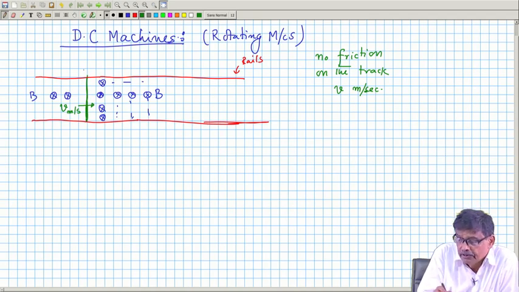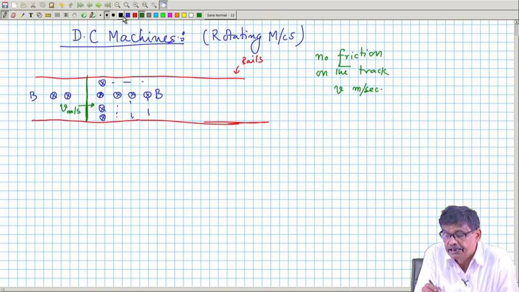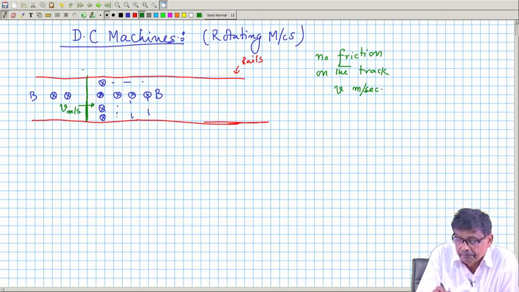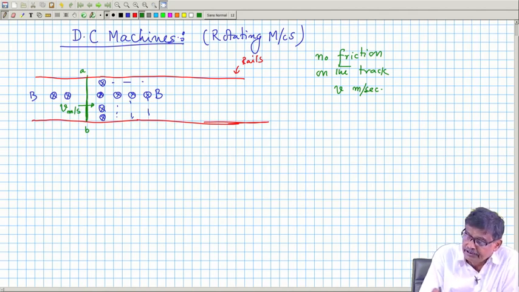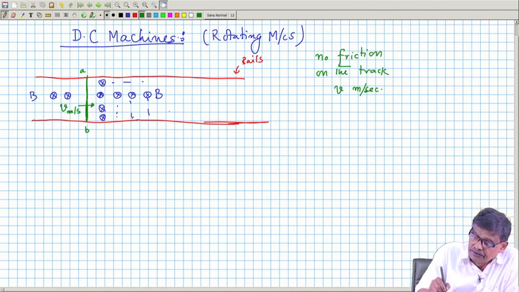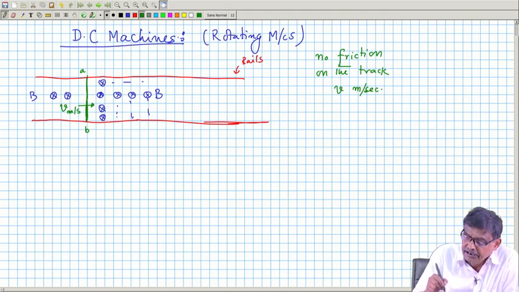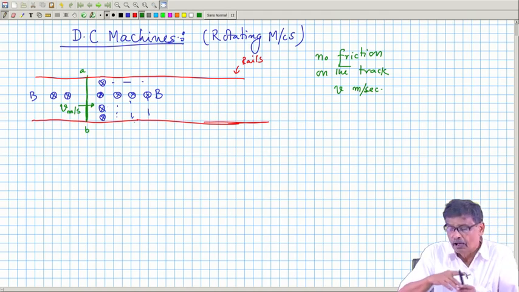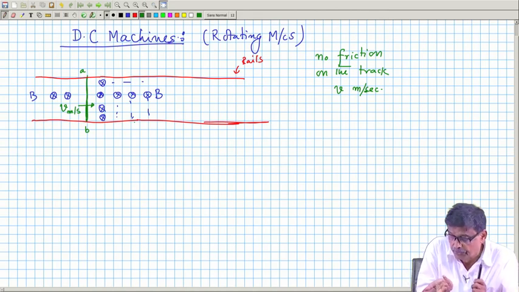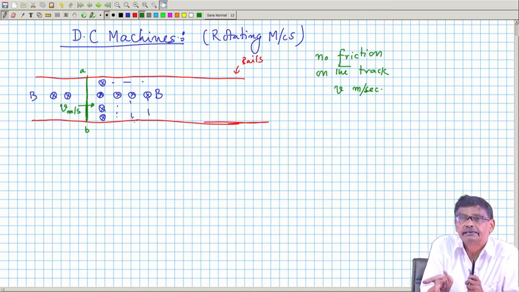And suppose this side of the conductor I name as A, and this side I name as small b, the two ends of the conductor. As the conductor moves, there is a B, there is a velocity, these are at right angles. So, I can apply the right hand rule like this.